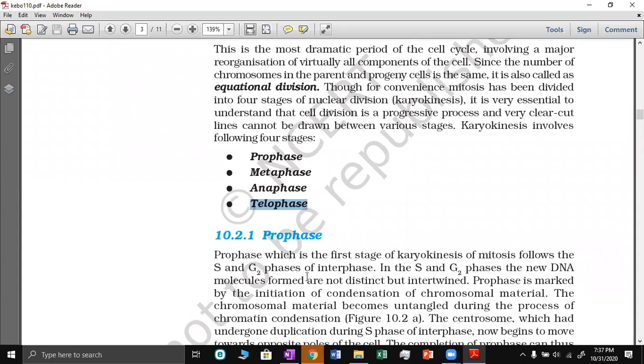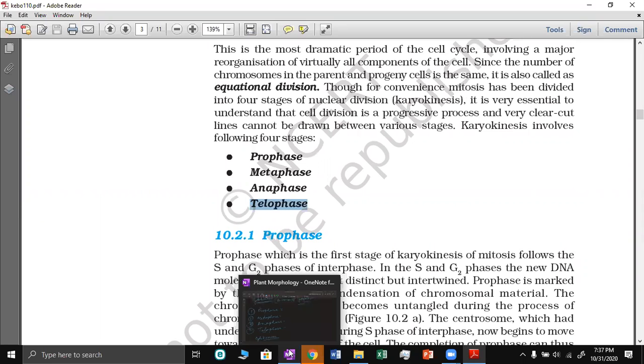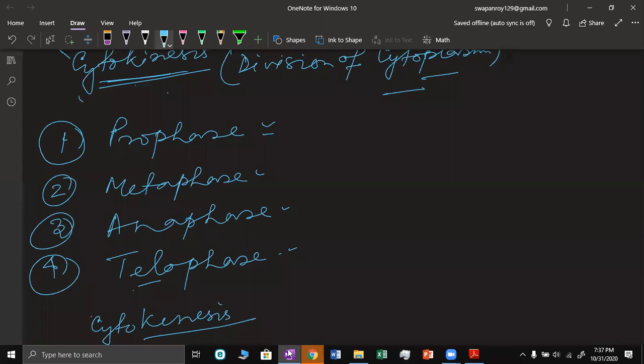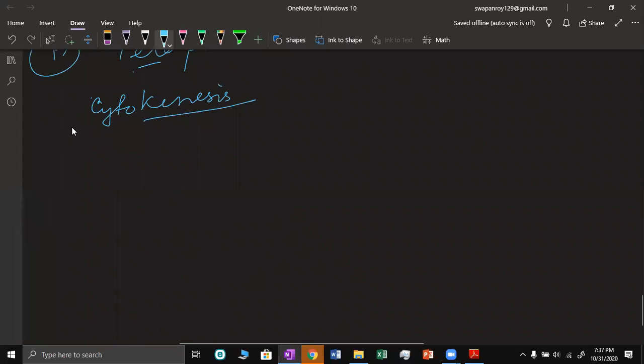This one is a very important division. Mitosis is also known as equational division.